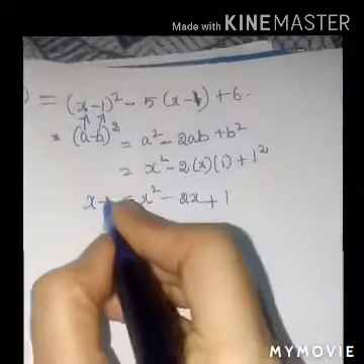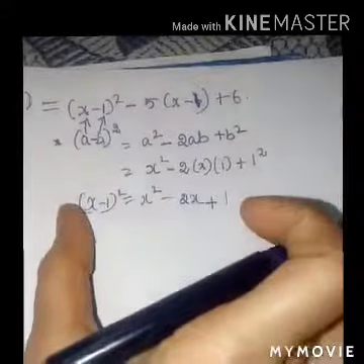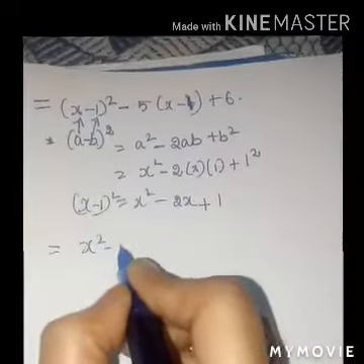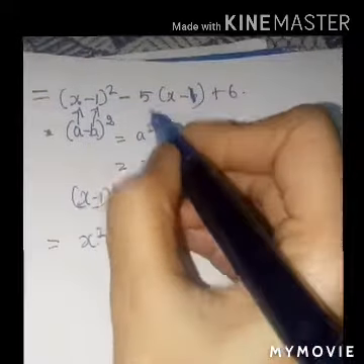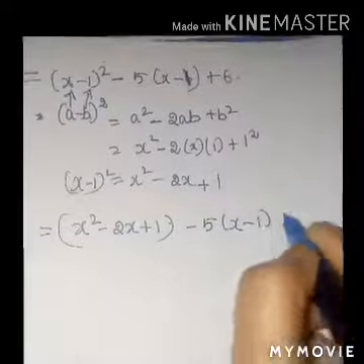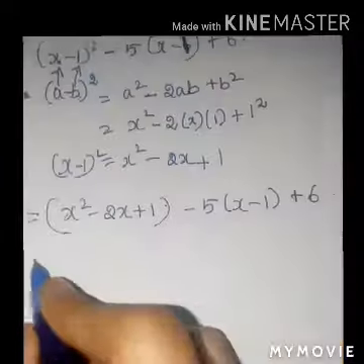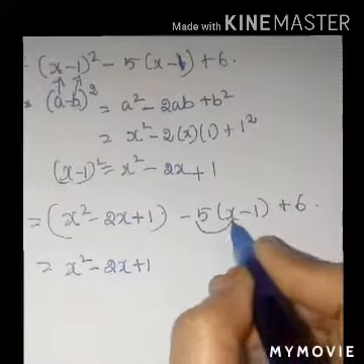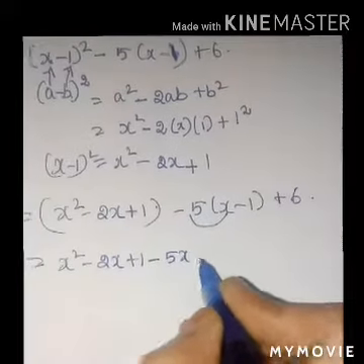Let us substitute the value of x minus 1 the whole square in this function. x square minus 2x plus 1 minus 5 into x minus 1 plus 6. x square minus 2x plus 1 minus 5 into x, minus 5x.